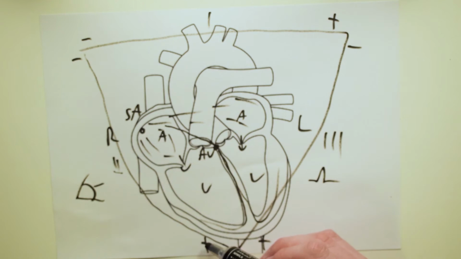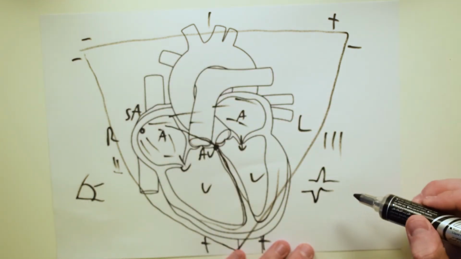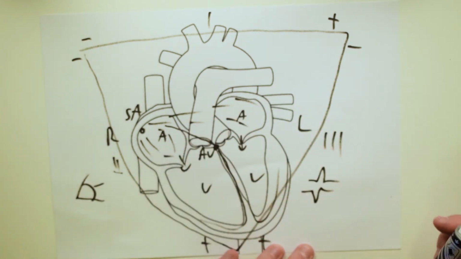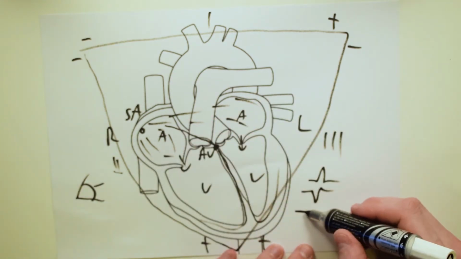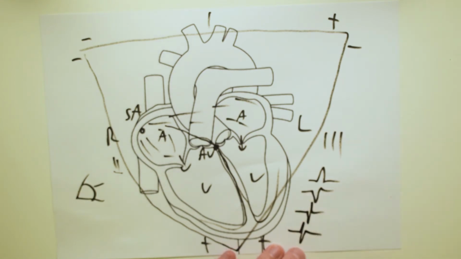If we see a current move from positive to negative, we see a negative deflection. If it moves towards or directly away, it is kind of the same thing. Goes up and down equally and then just returns back to normal.